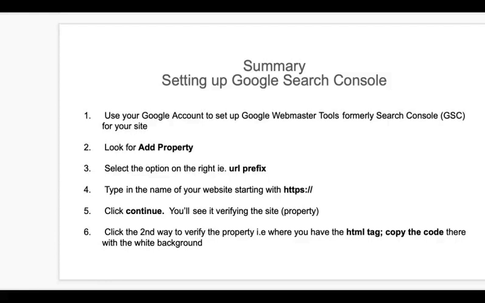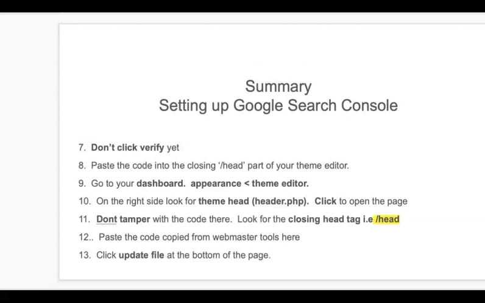Click Continue. In the new page that comes up, click the second way to verify the property, that is where you have the HTML tag. Copy the code there with the white background. Don't click Verify yet. Copy the code and paste it into the closing head part of your theme editor.